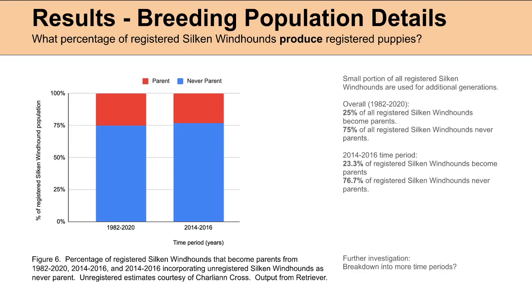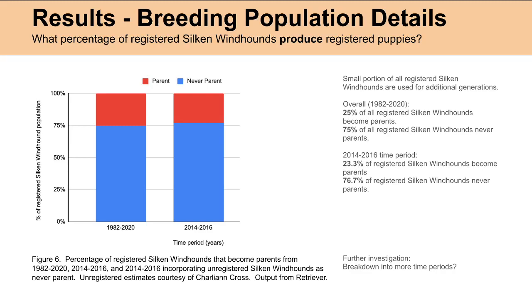And what I found is that the percentage of registered Silken Windhounds that become parents is decreasing when you look at the entire population versus a more recent population. Overall, 25% of all registered Silken Windhounds will become parents, versus in the 2014 to 2016 period, only 23.3% of registered Silken Windhounds will become parents.